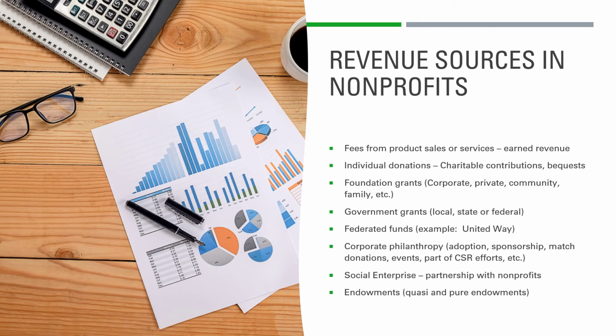They offer sponsorships or they will match donations. They are part of this community that wants to do well and wants to be socially responsible. So it's part of that corporate social responsibility, but also part of individuals as well who have a commitment to be socially responsible.